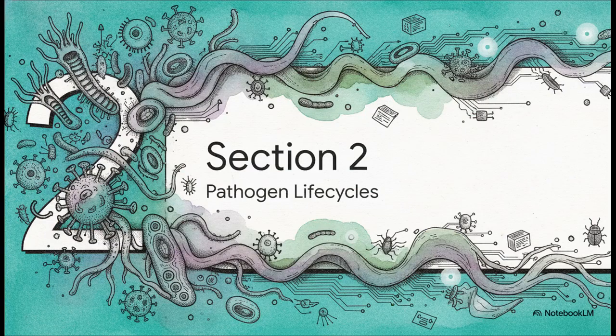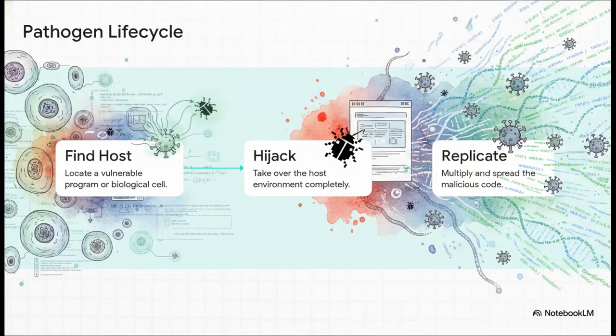Moving right along to Section 2, pathogen life cycles. Now that we understand the organism itself, let's break down the actual mechanics of how these infections spread in the wild. It comes down to 3 steps. Find host, hijack, replicate. It is a strict structural mandate. Think about it. Just as a biological virus absolutely requires the living machinery of your cells to synthesize its proteins, digital pathogens require a host program to execute their logic.